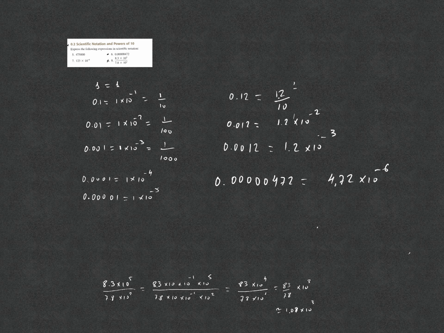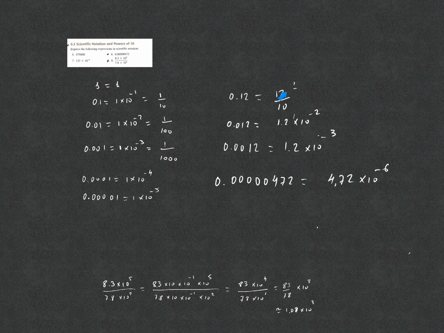The notation is that 0.1 is 1 divided by 10, and it is written as 10 raised to the power minus 1, because 1 divided by 10 is 10 to the minus 1. 0.01 is 1 divided by 100, and it is written as 10 raised to the power minus 2. 0.001 is 1 divided by 1000, and it is written as 10 raised to the power minus 3.